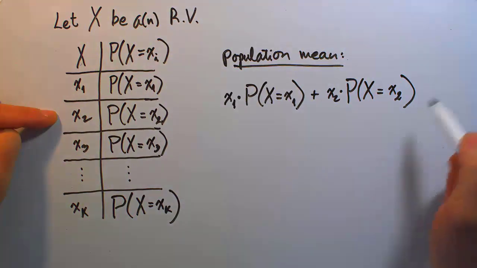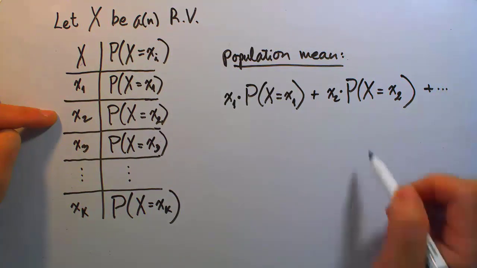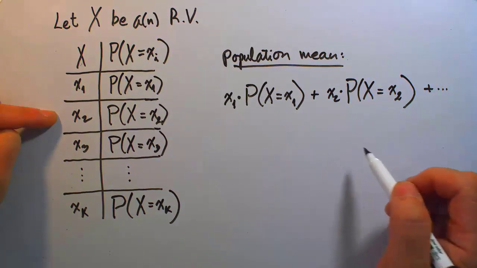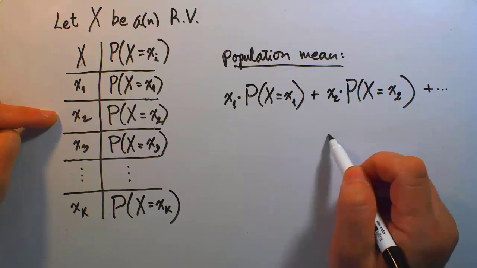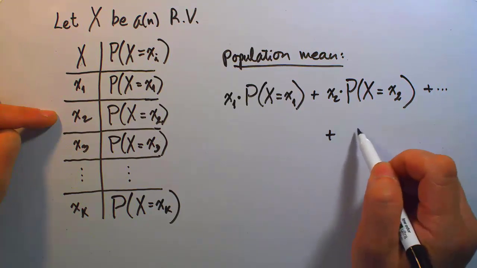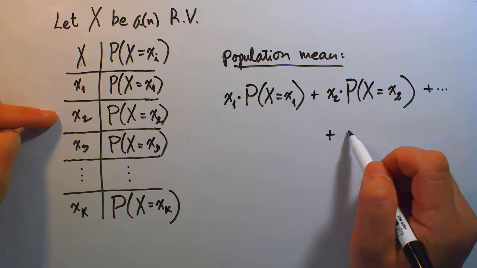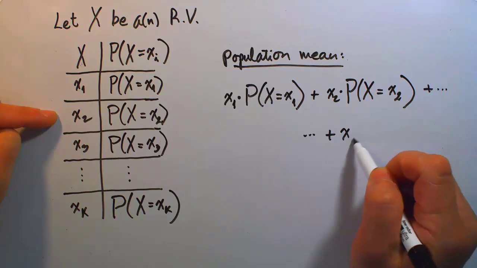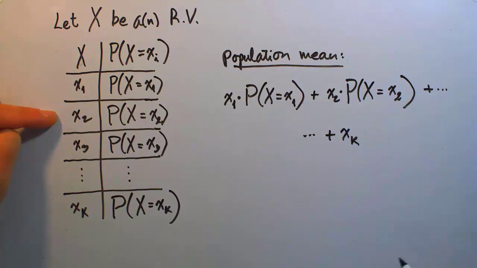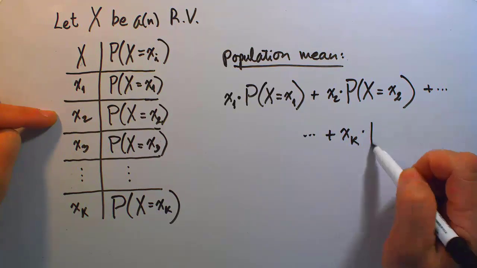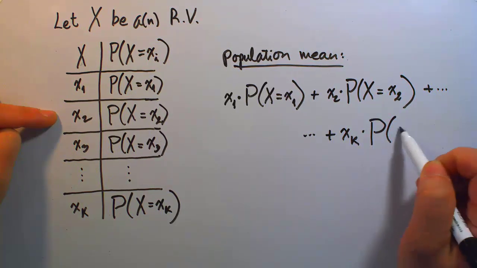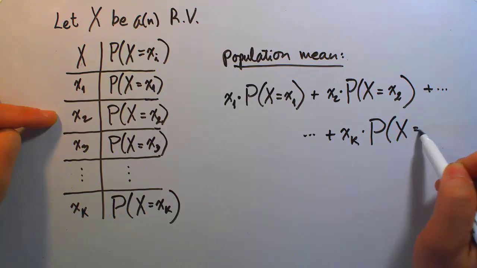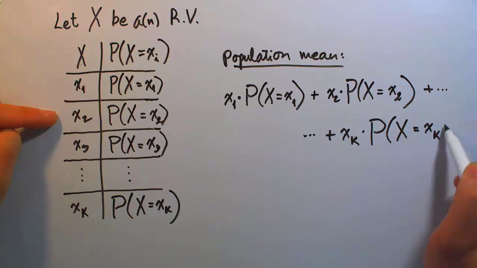And I'm going to keep advancing. I'm going to keep adding until I reach my ending one here, namely x kth, or the kth x value multiplied with the probability when x equals x of k right here.